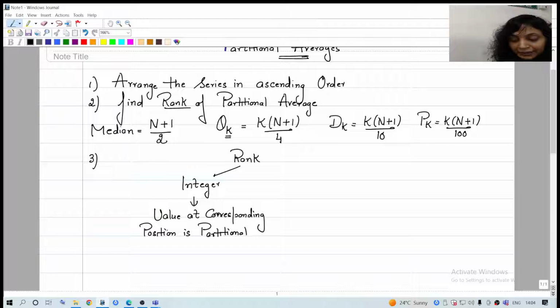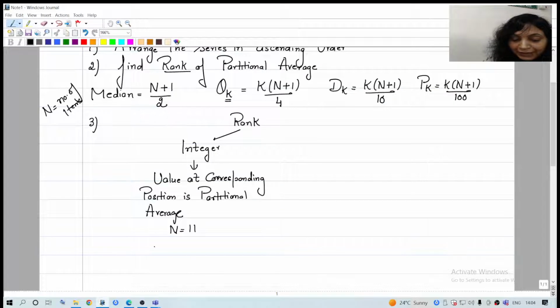Now what it means, here n is the number of items. Suppose the number of items is 11 and we are finding the median. So the rank of median is (11 plus 1) by 2, that is 6, which is an integer. So the item lying at the 6th position is your median.